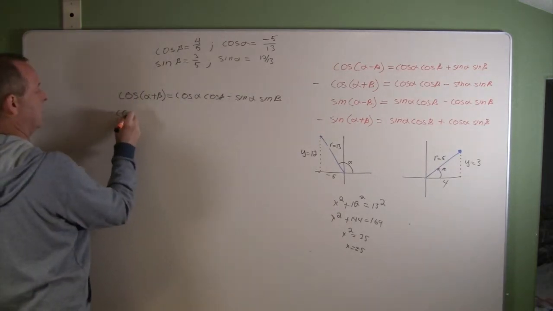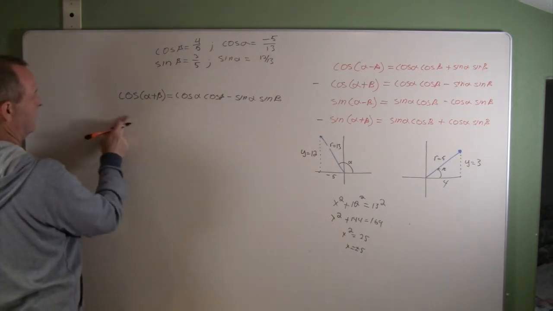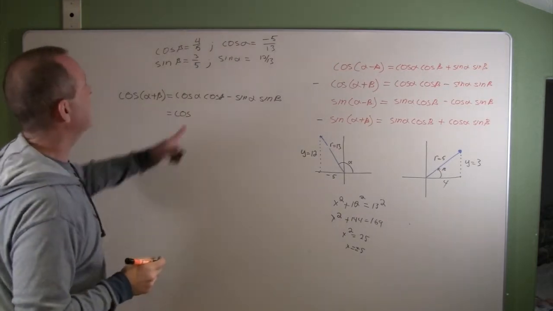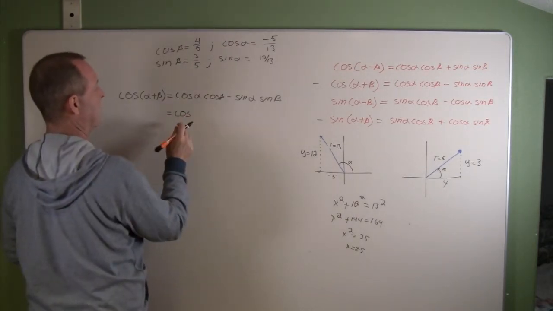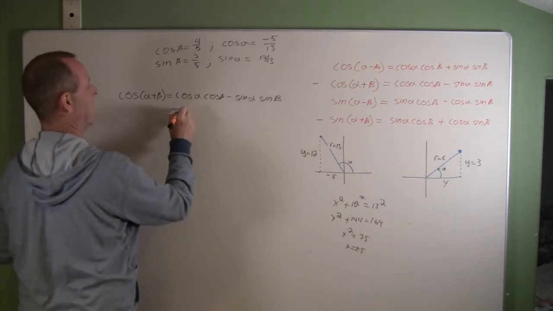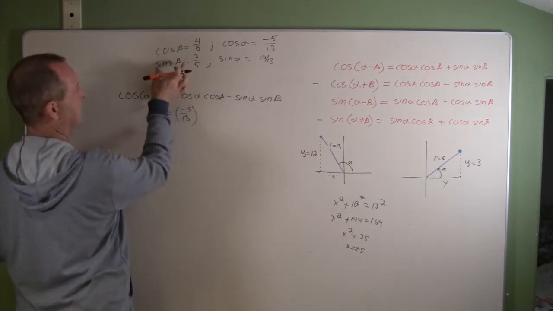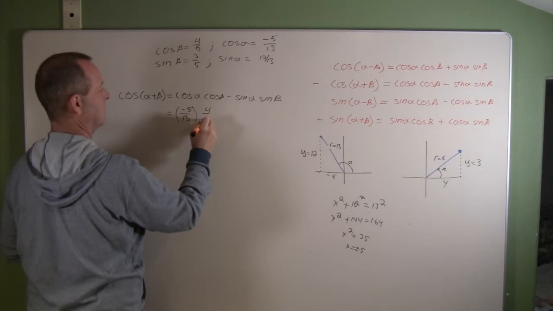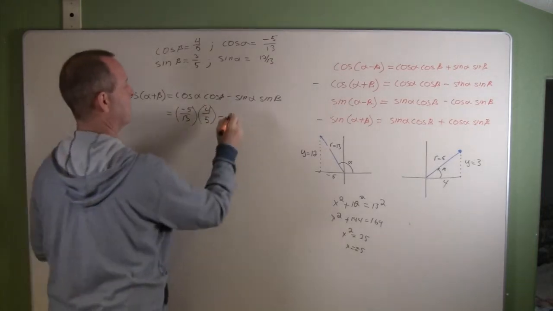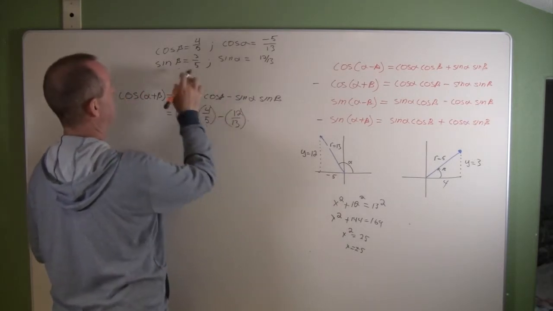The cosine of alpha is -5/13. The cosine of beta is 4/5, minus the sine of alpha, which is 12/13, and the sine of beta is 3/5.